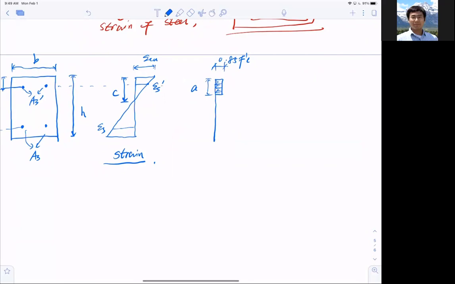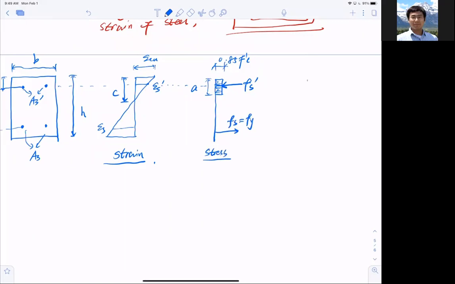In addition to that, I have to add one more, which is fs prime, the compressive stress in the steel. Then I have fs, the tensile stress in the steel, which is equal to fy, assuming it is yielded.